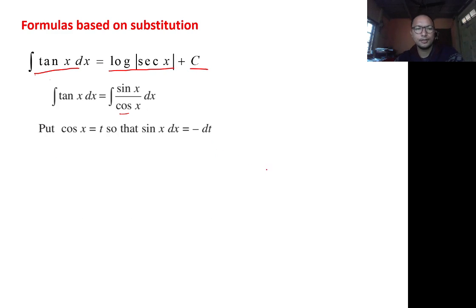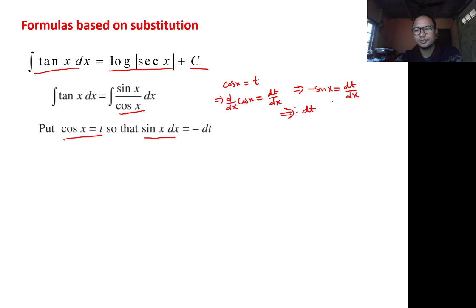Now, if I put cos x as t and differentiate both sides, the differentiation of cos x gives minus sin x, so dt is minus sin x dx.